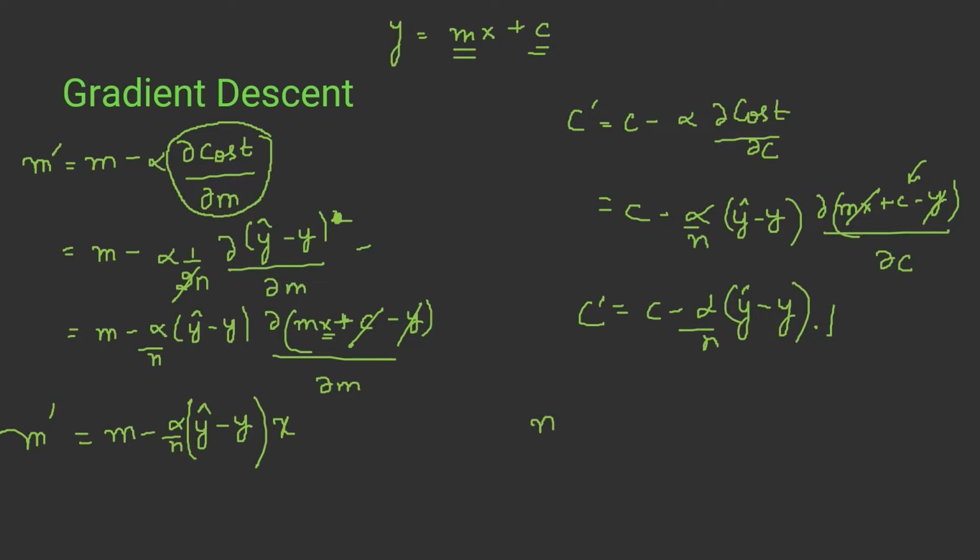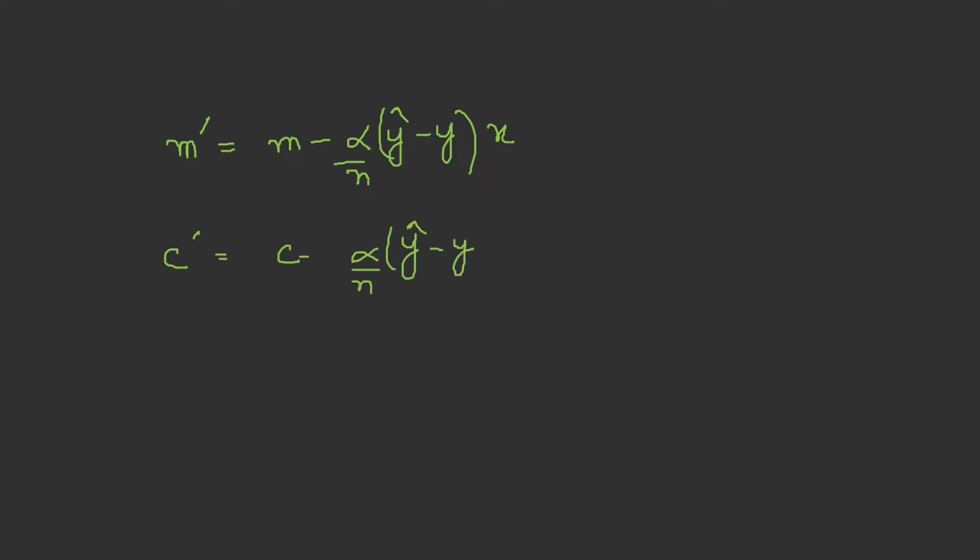Okay, now after finding these values, we update our parameters. So m dash equals the old value minus alpha by n, result of backpropagation, right? So this is the final m value, this is the final c value, c minus alpha by n, y predicted minus y into 1.